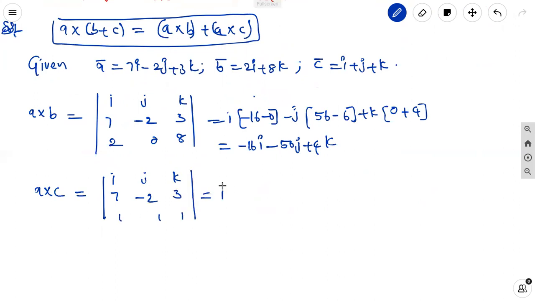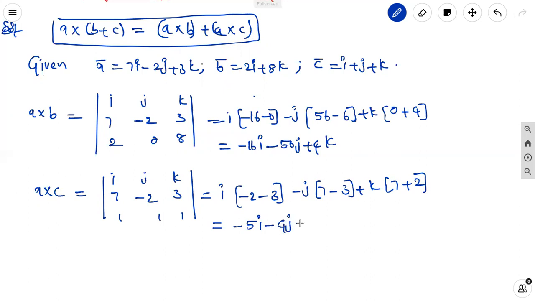That equals i into (minus 2 minus 3), minus j into (7 minus 3), plus k into (7 plus 2), which equals minus 5i minus 4j plus 9k.